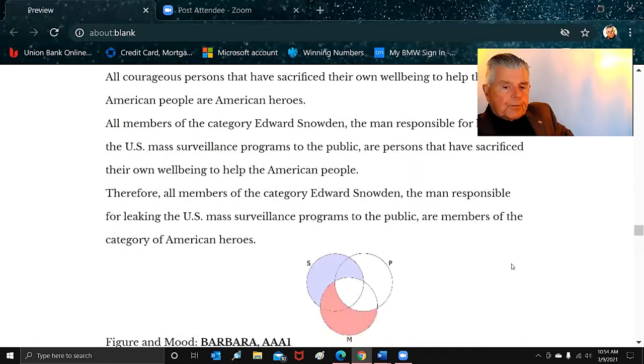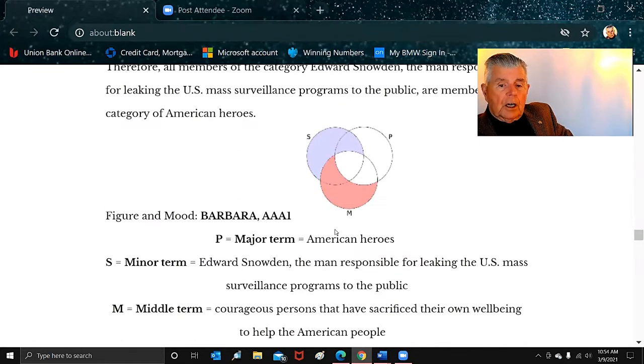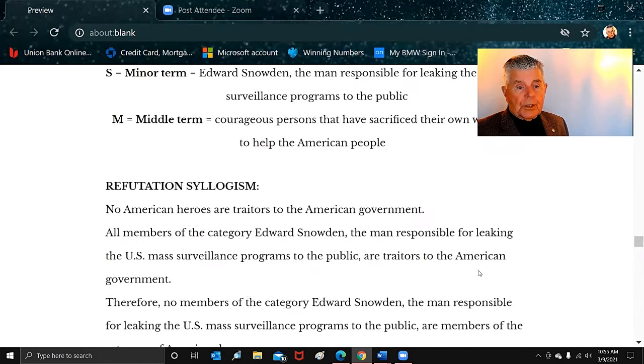Okay. So she submits a valid argument. There's her Venn diagram. You won't have to include the Venn diagram unless you really want to. So there we have it. Figure and mood. The first figure, and AAA is the mood. So there you have it. She has submitted her thesis syllogism successfully.